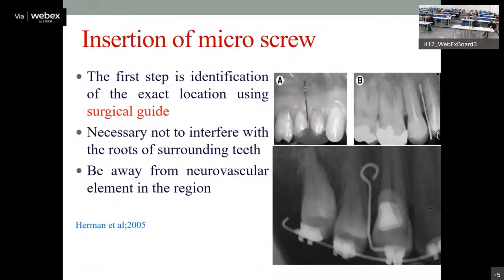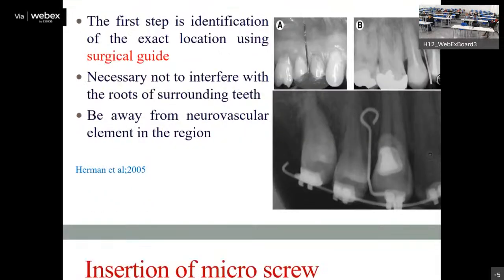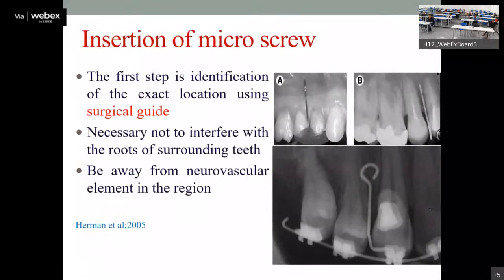So if you have a patient, and you want to insert a microscrew for this patient, you need first to identify the insertion point by localizing where you want to place your microscrew.